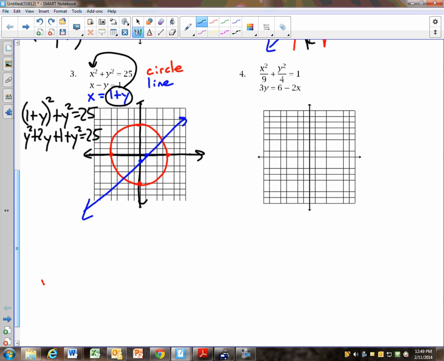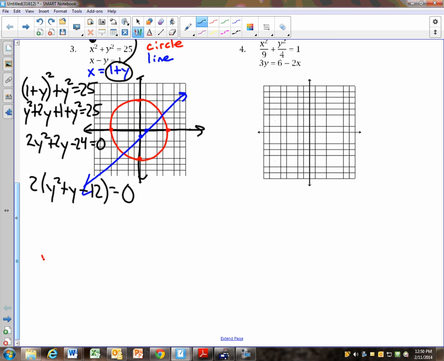Nope, y squared plus 2y plus 1 plus y squared is 25. Combine like terms. Instead of subtracting the 1 over, let's subtract the 25 over. So it's minus 24 is equal to 0. What can you factor out? Very good.